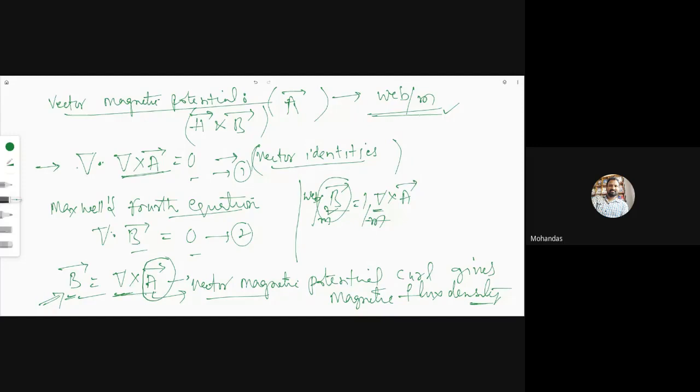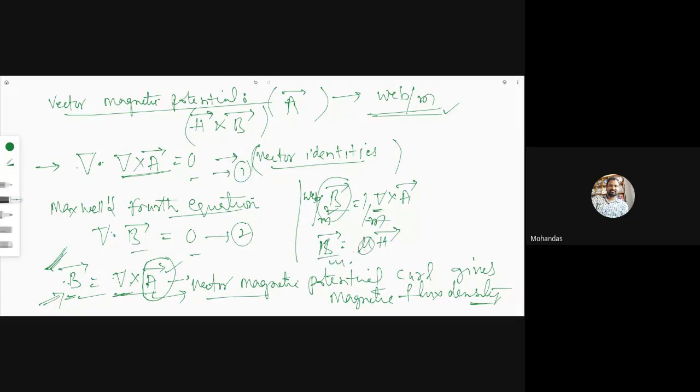This is called the vector magnetic potential. If you know the vector magnetic potential and take its curl, you will get B. Once we get B, we can also calculate H, because B equal to mu into H, so H equal to B by mu.